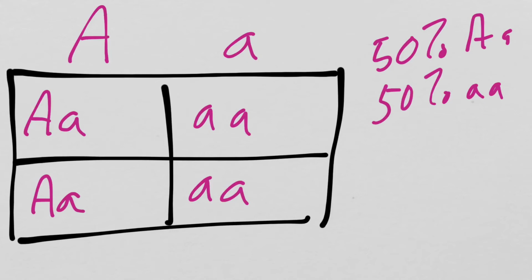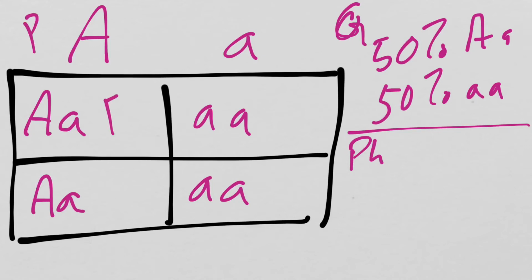What are the phenotypes with statistical probabilities of the children? So that's the genotype, the phenotype. Let me get PH because P is for the parent generation and F1 is for the child generation. And remember, the grandchildren are F2.